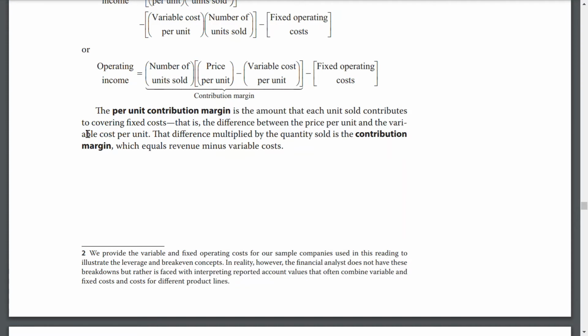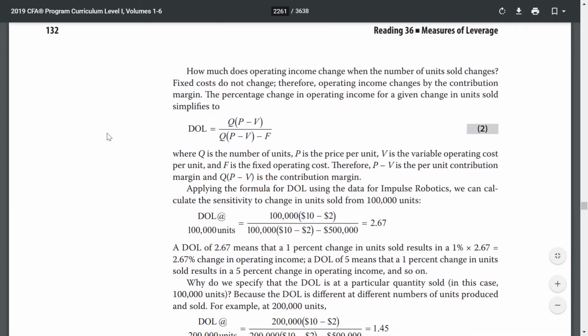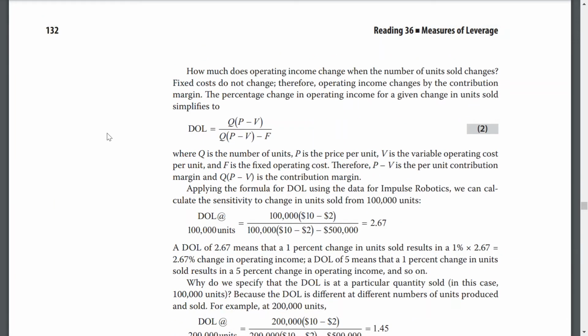That is the difference between the price per unit and the variable cost per unit. The difference multiplied by the quantity sold gives the contribution margin, which equals revenue minus variable costs. How much does operating income change when the number of units sold changes? Fixed costs do not change, therefore operating income changes by the contribution margin.